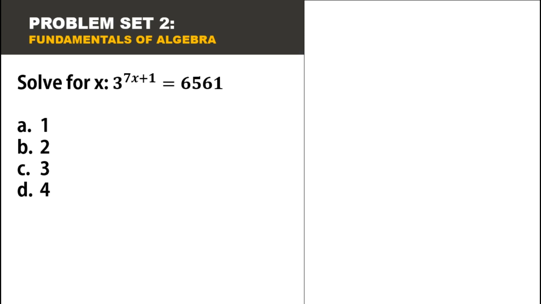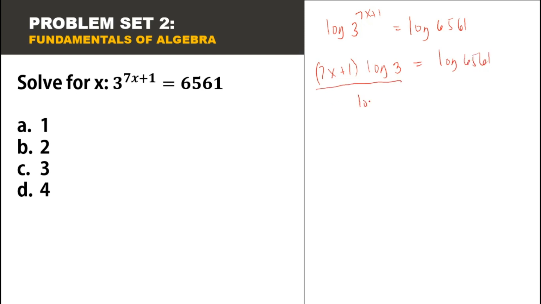We have here a similar problem. We can also take the logarithm or natural logarithm of both sides. Let's try log. So the logarithm of 3 raised to 7x plus 1 equals the logarithm of 6561. So we have 7x plus 1 times the logarithm of 3 equals the logarithm of 6561. Divide both sides by the logarithm of 3.